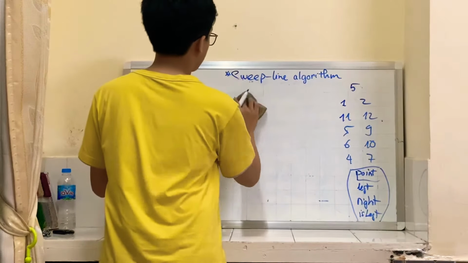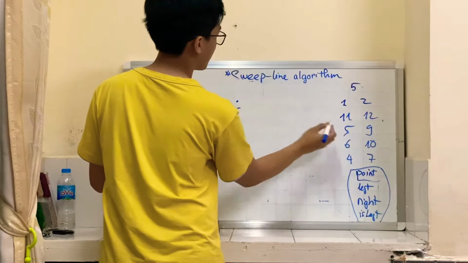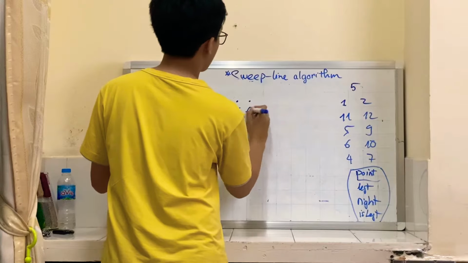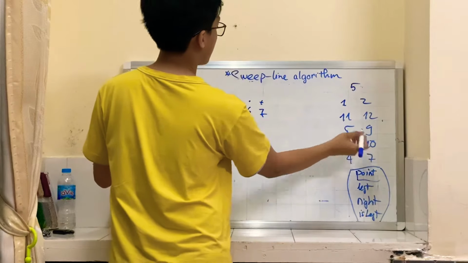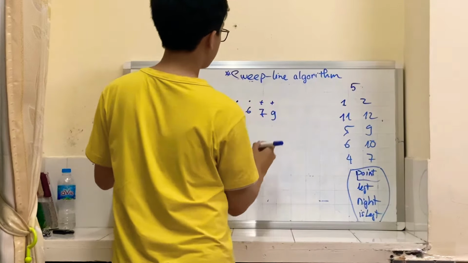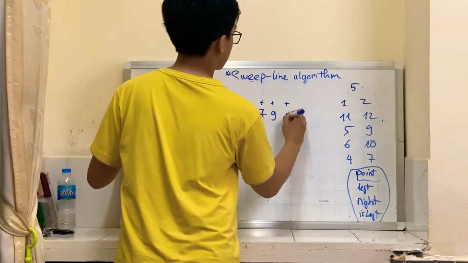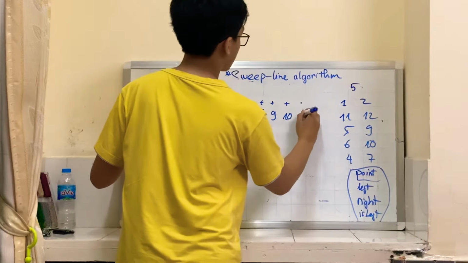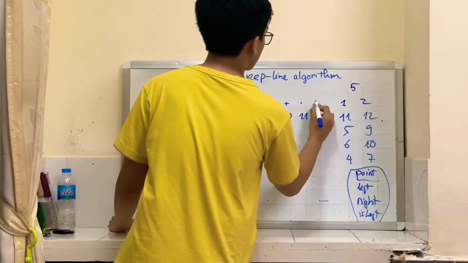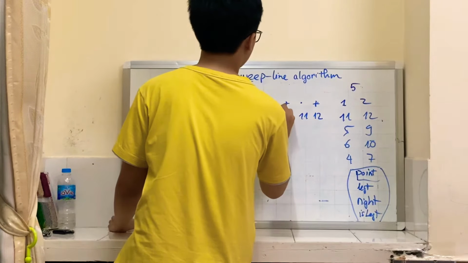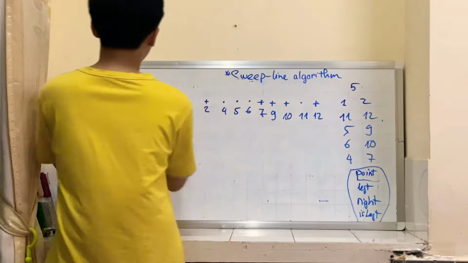Okay, sorry. 5, 4, 5, 6, and then 7, and then 9, and then 10, and then 11, and 12. Okay, the outline will be like this.